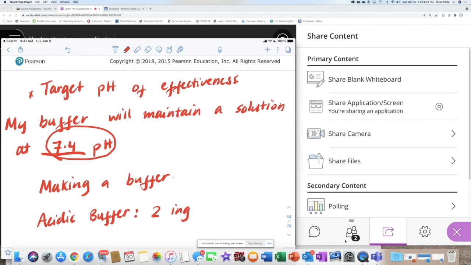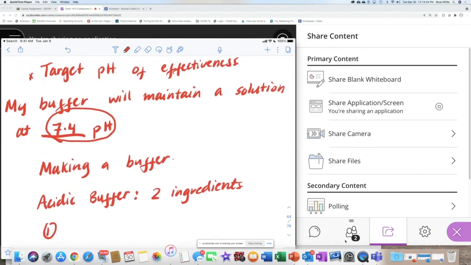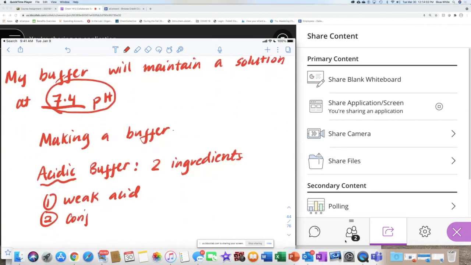Number one, if it's an acidic buffer, you need a weak acid. And number two, you need its conjugate base. Okay. I'm not going to go into specific amounts right now. I'm just giving you the overview.